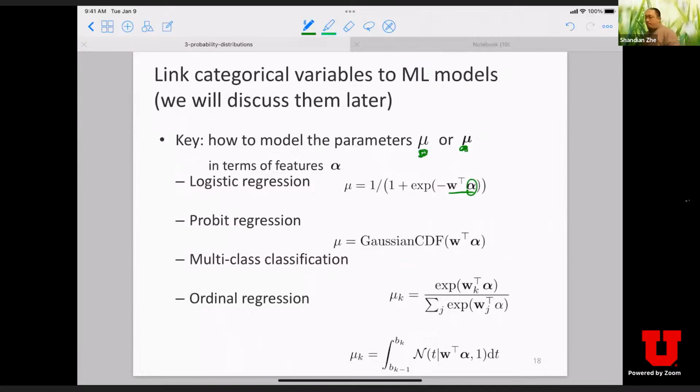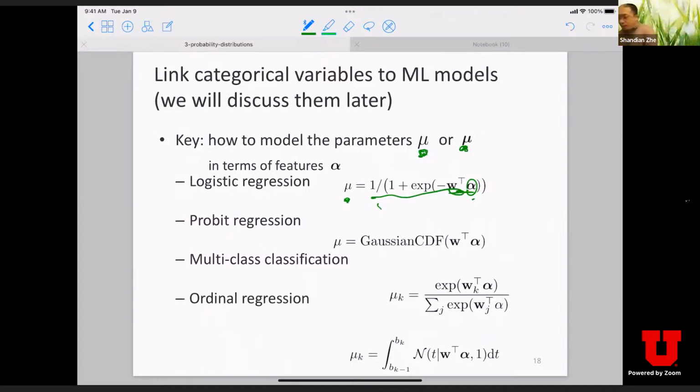Then we use a linear transformation of those feature vectors and put them into some transformation to get a valid probability. Say if we want to do binary classification, we know that this probability must be between 0 and 1, so I put a sigmoid transformation so it can give me a valid probability.